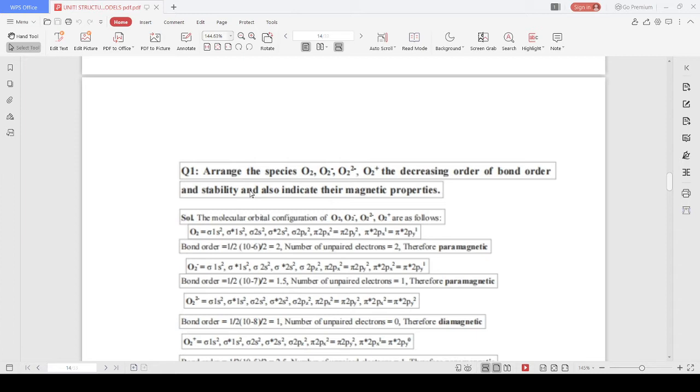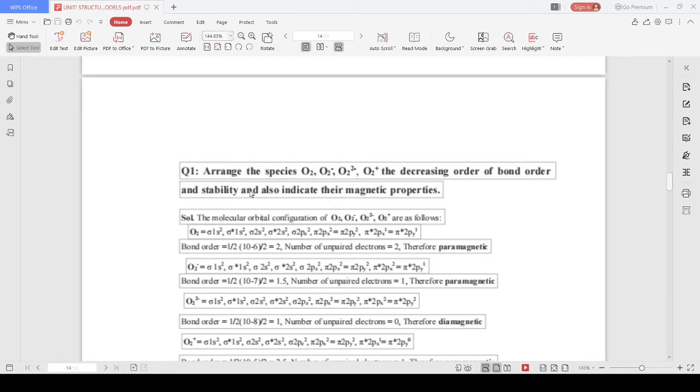That is the oxygen molecular orbital. Bond order is 2. Number of unpaired electrons 2. Therefore, O2 exhibits paramagnetic nature.